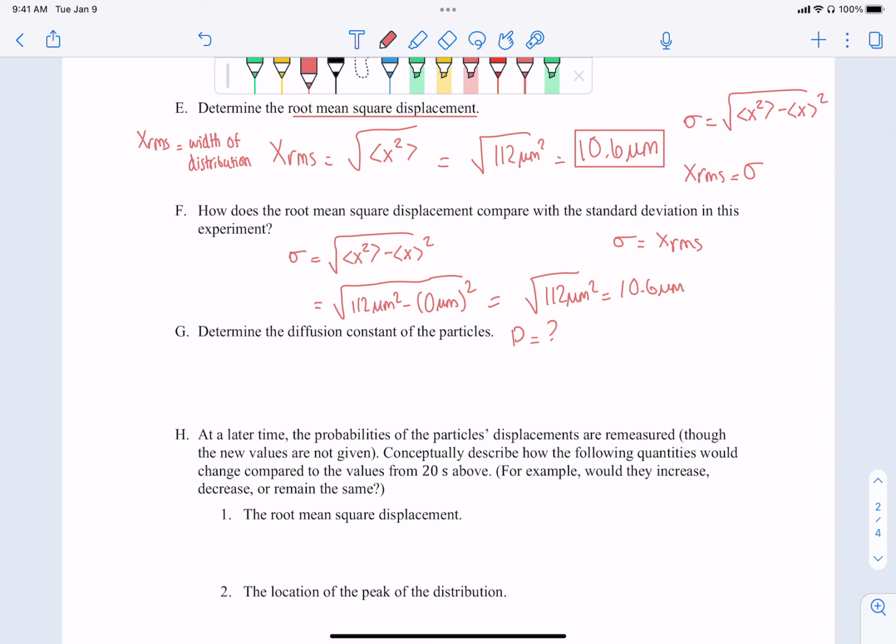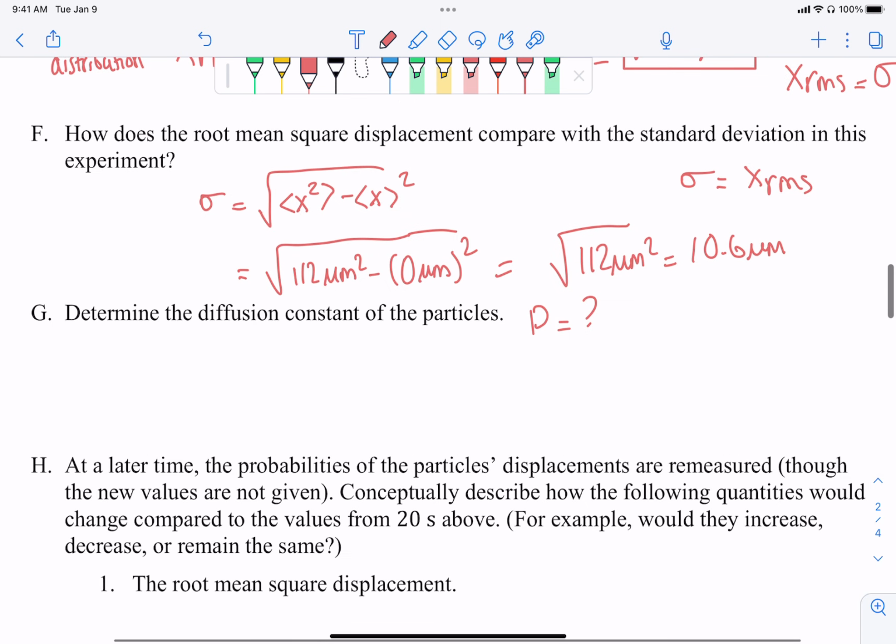Yep, excellent job. XRMS is equal to root 2Dt.